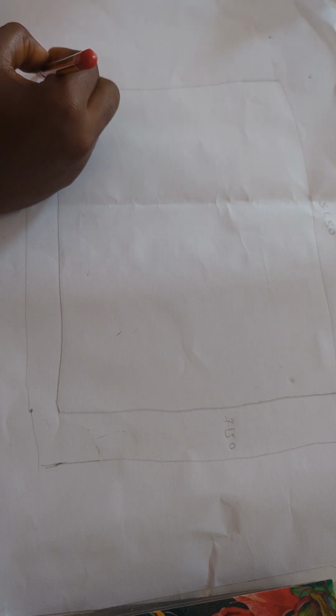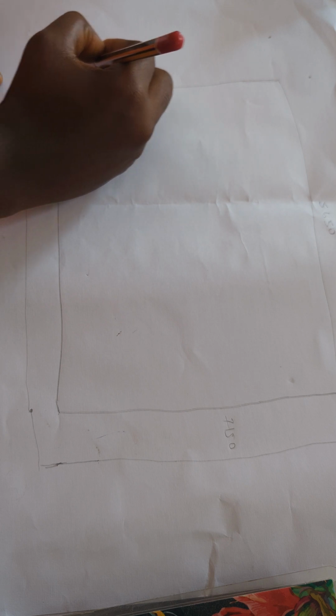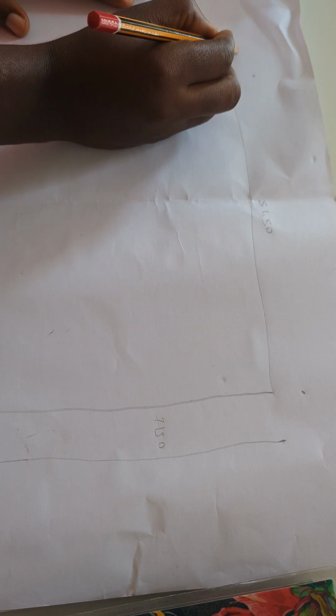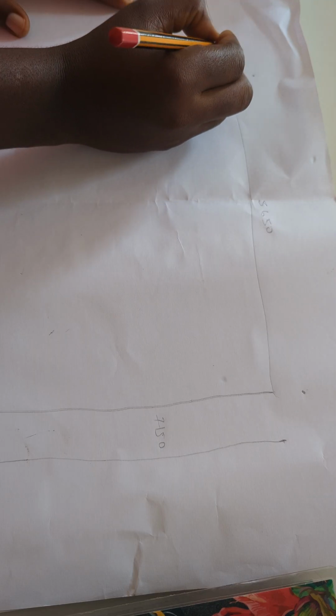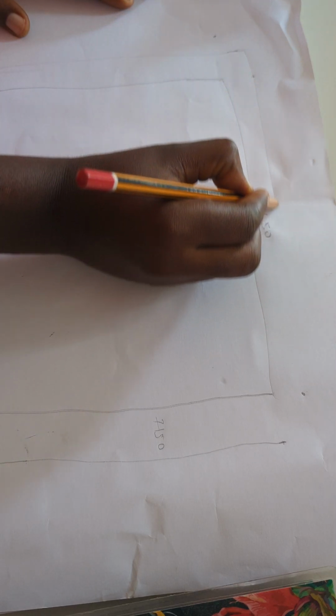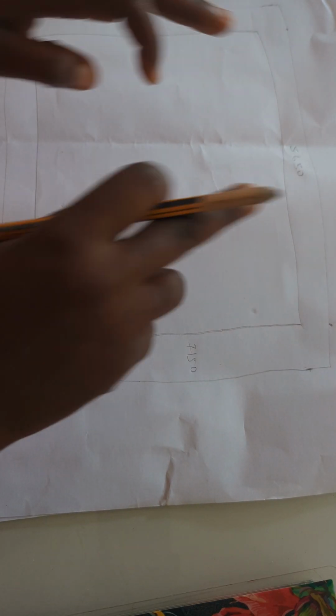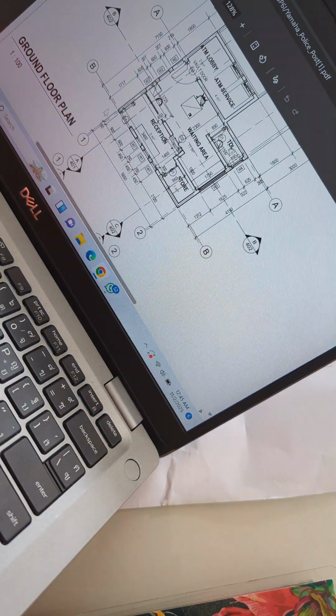Let me use this side. Okay, so I'm going to need to go to this side. All right, I believe you guys can see that we now have a four-round square.